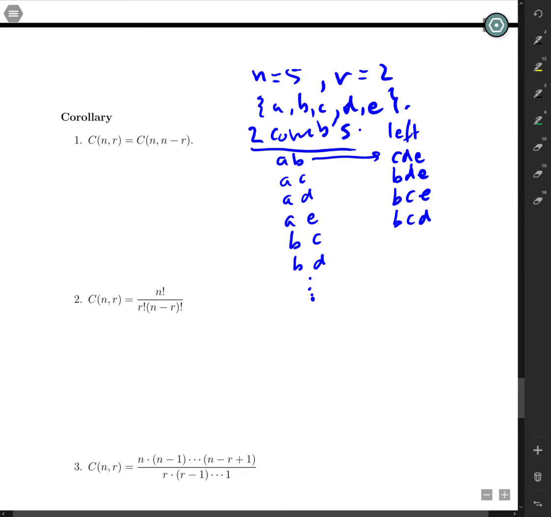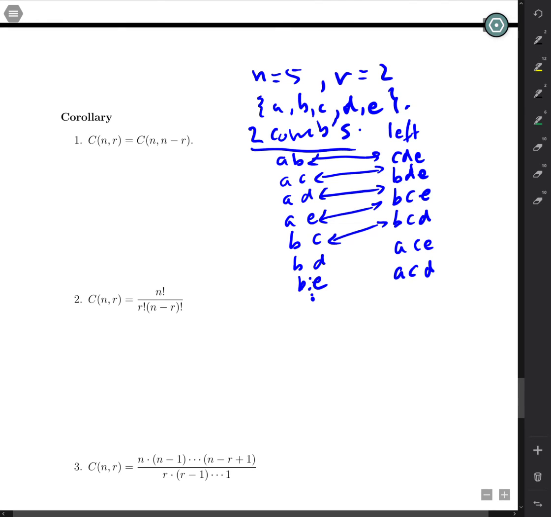So these are matched up, each 2 combination with the corresponding 3 combination. BD, take that and you're leaving behind ACE. You see how this works. BE, if I take BE, I leave behind ACD.